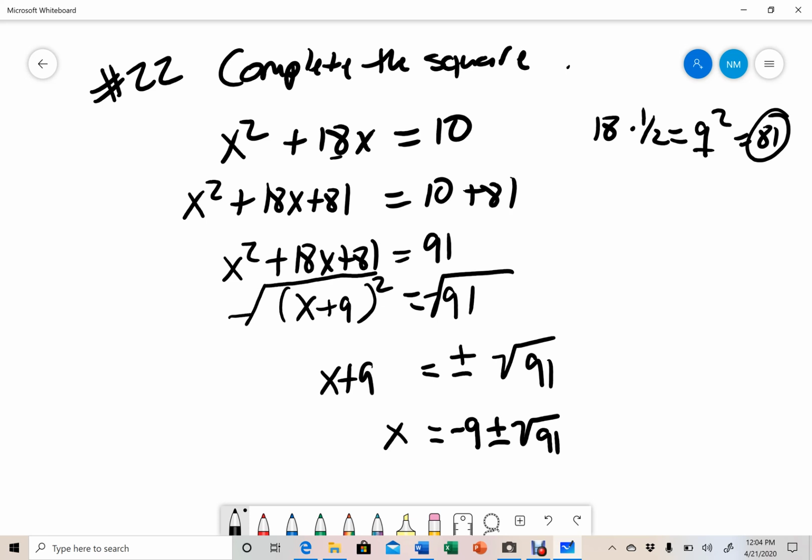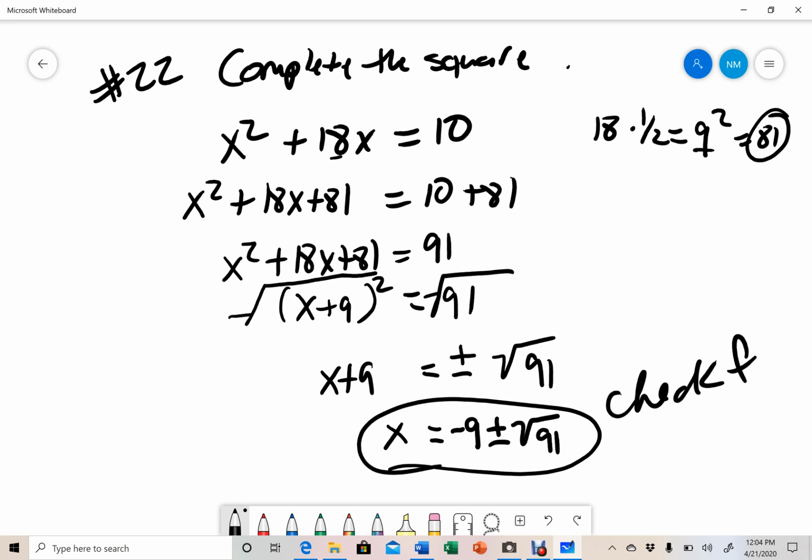So you have to check for both, and make sure that they're both correct. But this here is my answer. Since 91 cannot be broken down any, I really can't add these two together or subtract them. But when I check, I'm going to check both the positive and the negative.